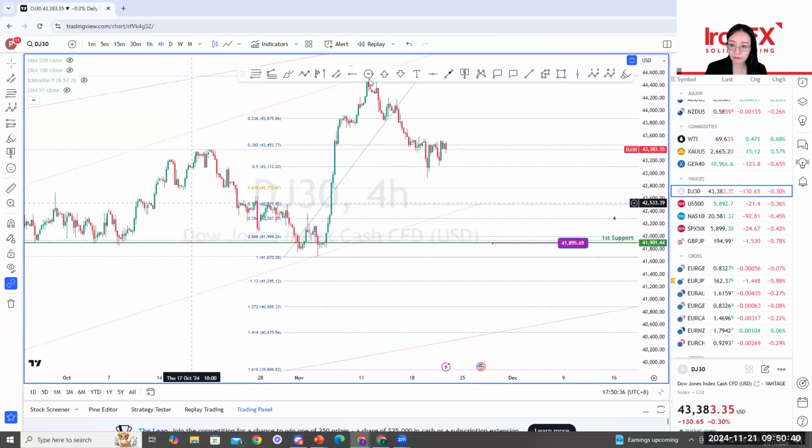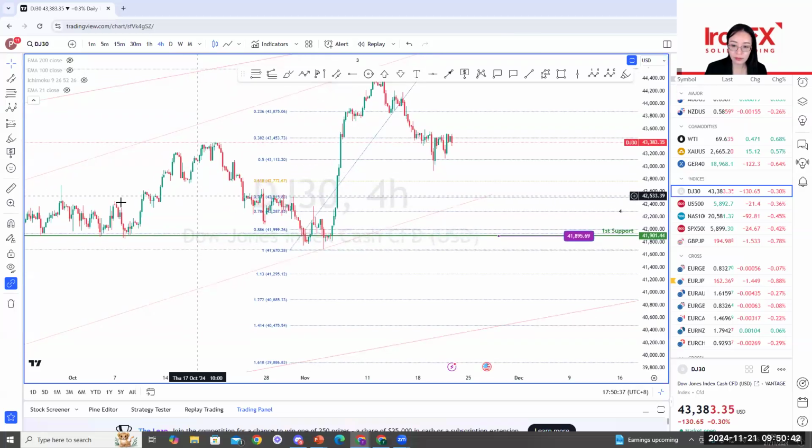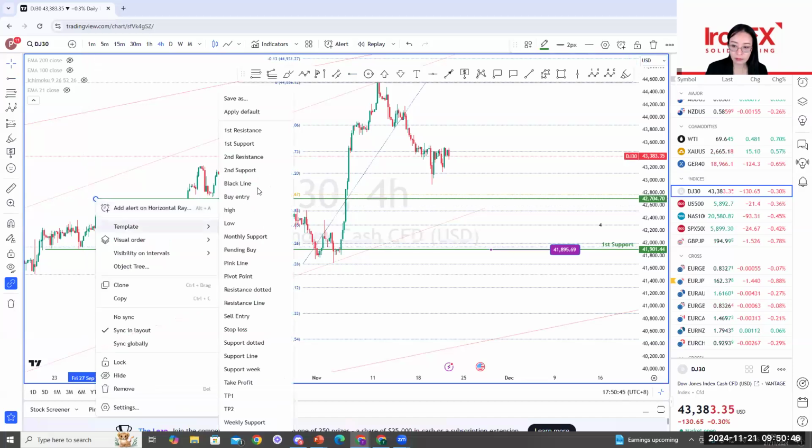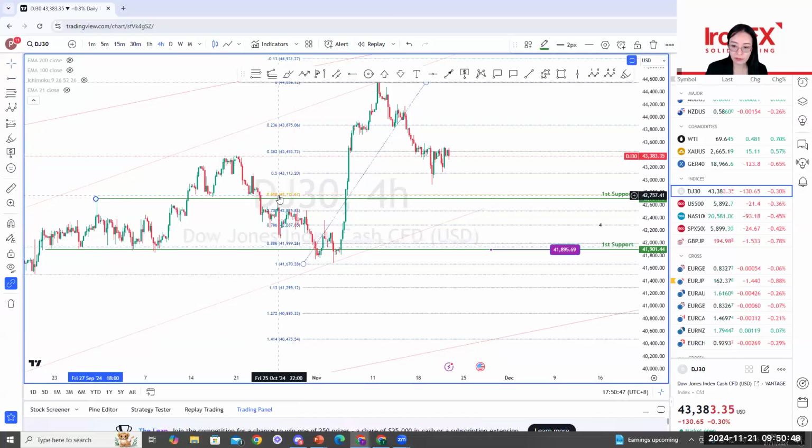Okay, so H4 time frame, this one is gonna be your first support, okay? Which is we have 61.8% right here. This is gonna be your first support in daily time frame. It's gonna be your second support for H4. Don't get confused, okay?